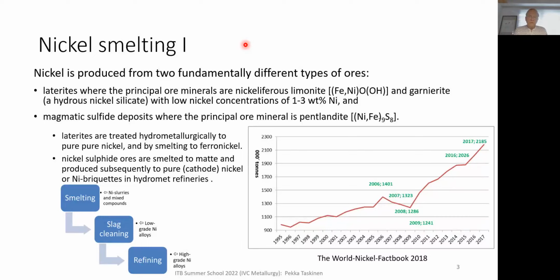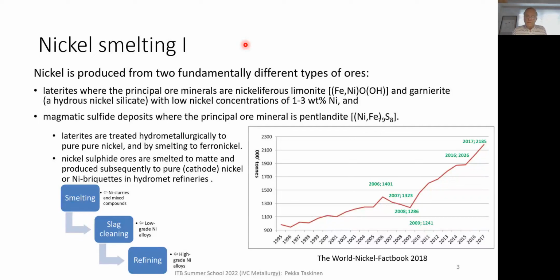Nickel sulfide ores are typically smelted to matte, and then this matte is processed to pure cathode nickel or some other nickel product, nickel briquettes or nickel powder, in hydrometallurgical refineries.